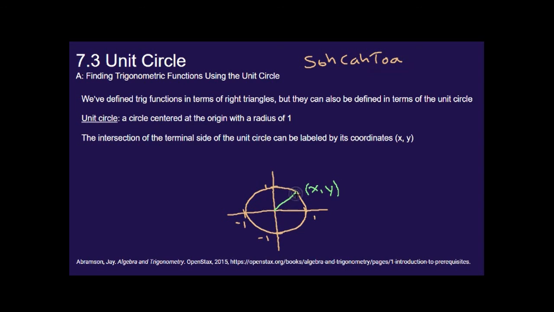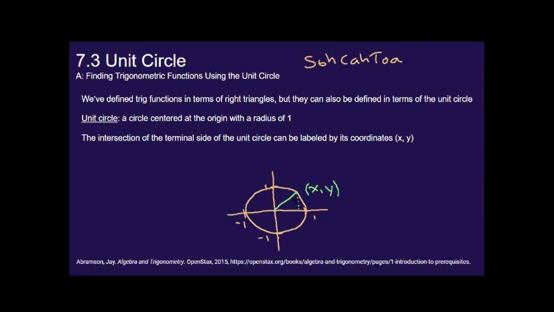The x value would be from the origin to this place, and the y value would be from y equals 0 up to that place. But using our knowledge of SOHCAHTOA, we can come up with a trig identity for these coordinates x and y.